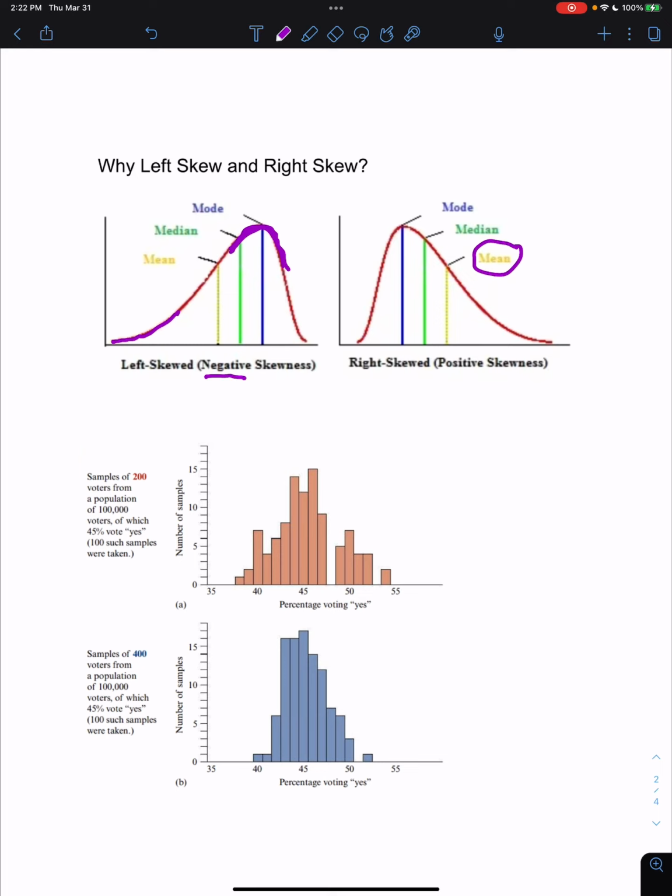No, it is a left skew graph because there is a tail on the left. And a right skew graph has a tail on the right, and the mean is to the right of the median and the mode. Okay, so that's left and right skew.